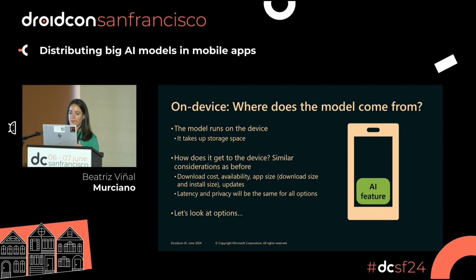And we can come up with different alternatives and analyze them like we did before. Latency and privacy will probably be the same for all options because they're similar approaches, but we need to think about the download cost, availability, the app size, and how the model is going to get updated. So we'll look at options about what to do when we have to integrate our model in our app.